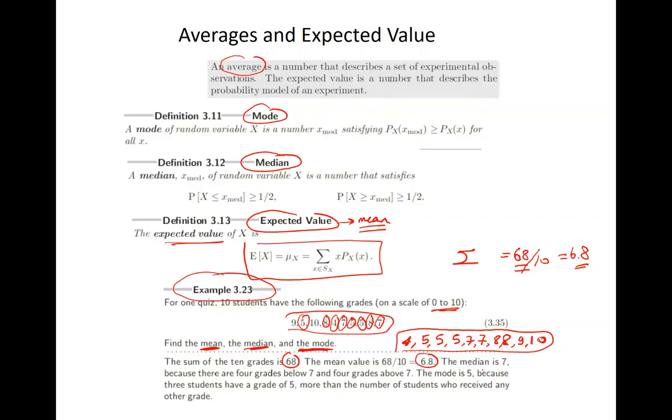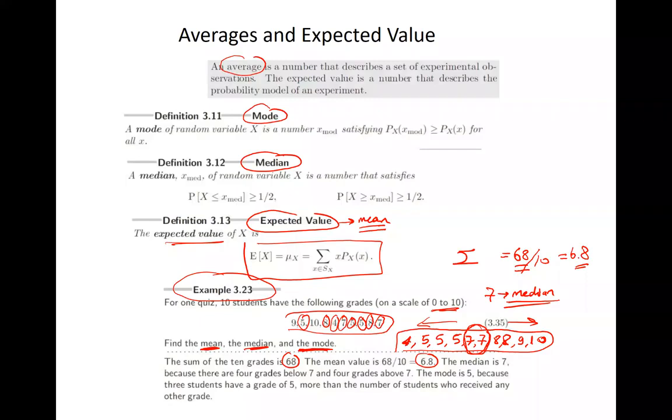How about the median? Median is the number where half of the outcomes are below this. Okay, half of them are above this number. Here we can easily see that that's 7 because we got 4 numbers before 7 and 4 numbers after 7. So then 7 will be the median value.